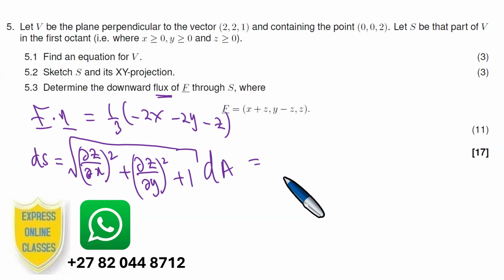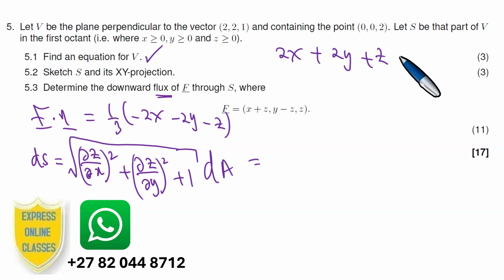So we got our z before, and you would remember that we got, for the plane, 2x plus 2y plus z minus 2 equals 0.